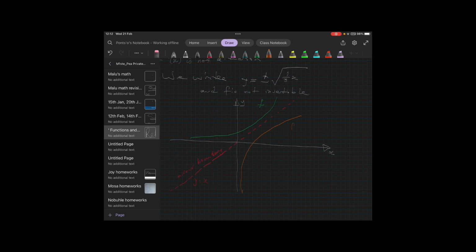So the green curve would be f and the orange curve would be f inverse. Right?